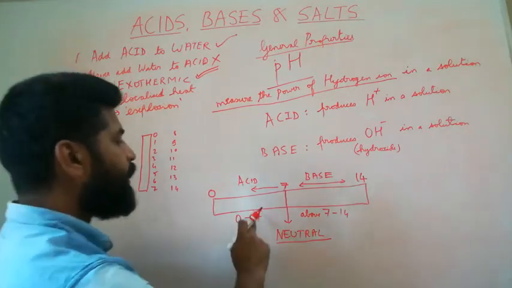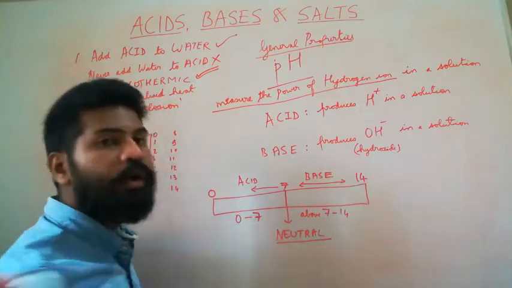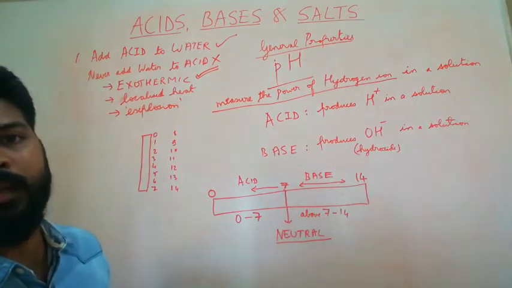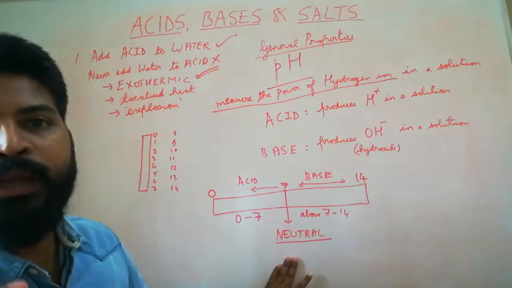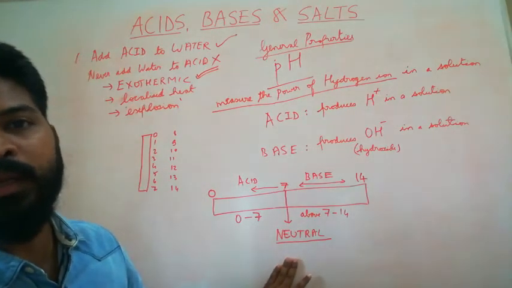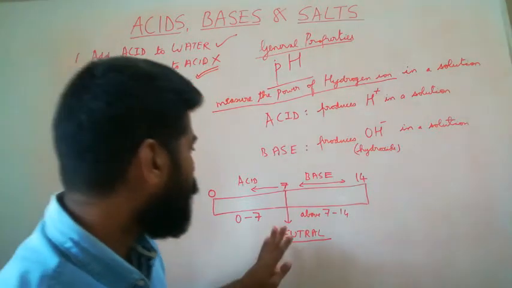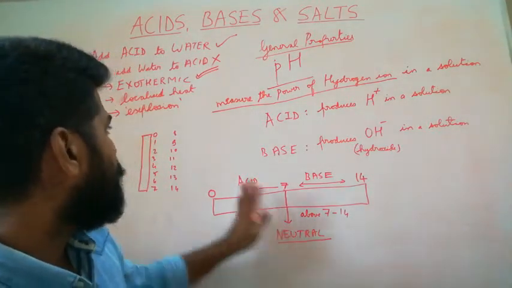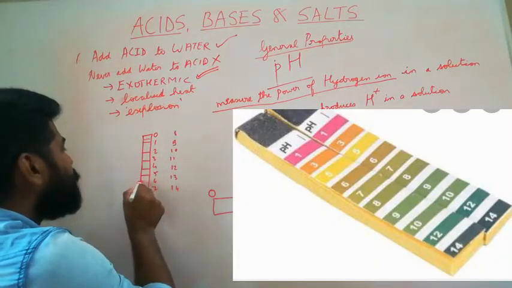So we can say that from 0 to 7, that is, 7 is not included, 0 to 6.99 is acid. 7 is neutral, 7.01 to 14 is a basic substance. So pH will have different color codes.